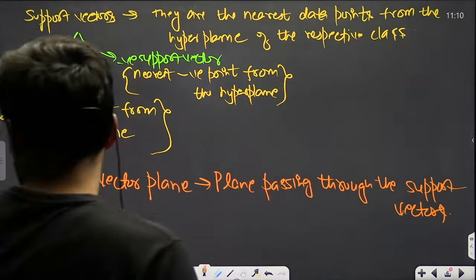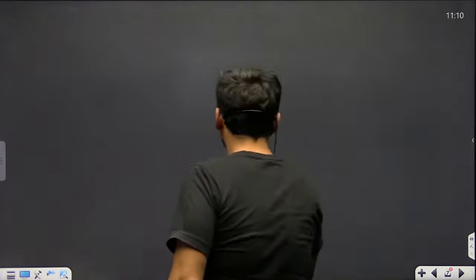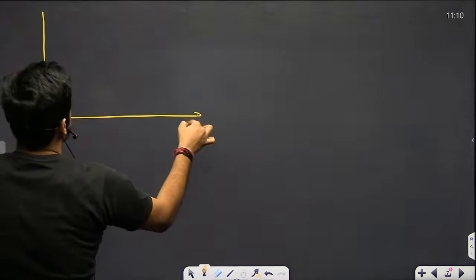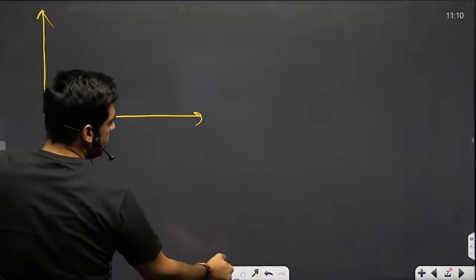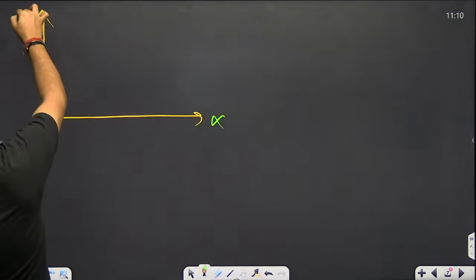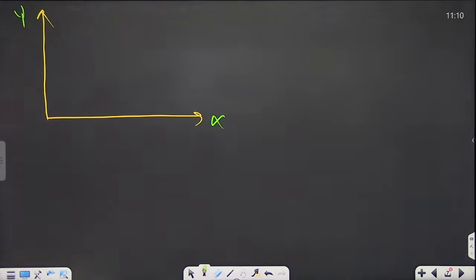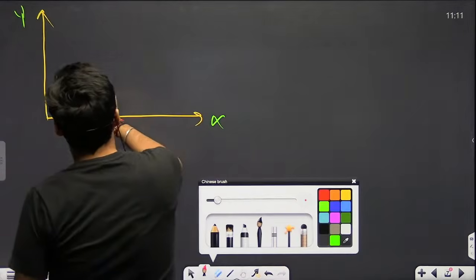Now again I'll draw this. For example, we have an independent variable and a dependent variable. If we only have a single independent variable, I am drawing a graph between the independent variable and the dependent variable. So I draw a graph between x and y, and this is the hyperplane.